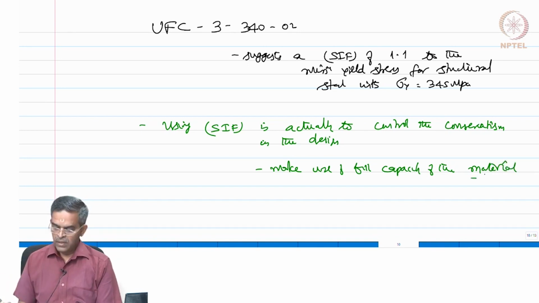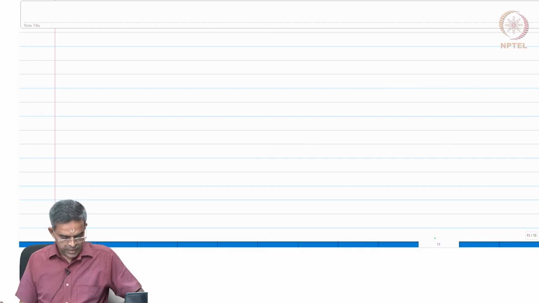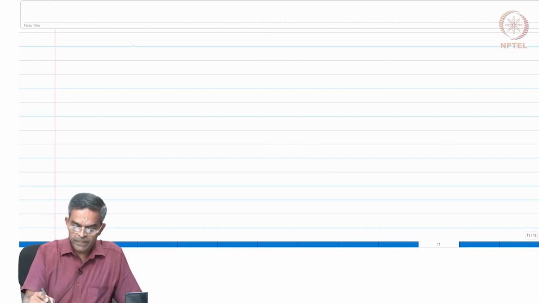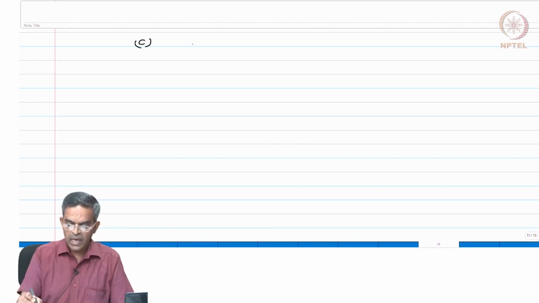Okay. The next point related to the design of steel will be dynamic strength increase factor.